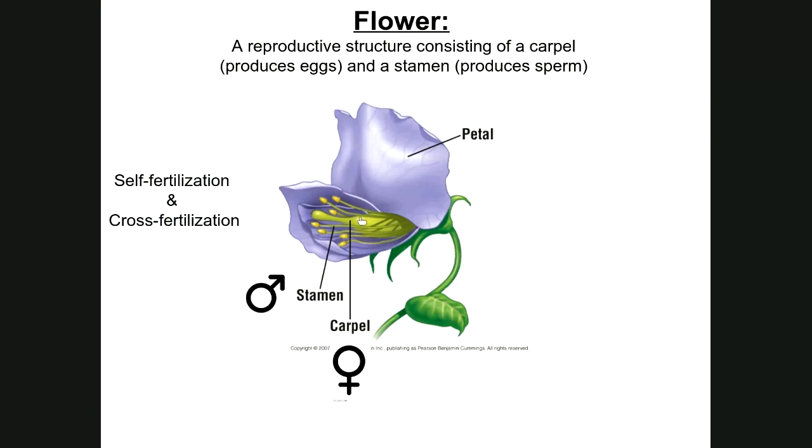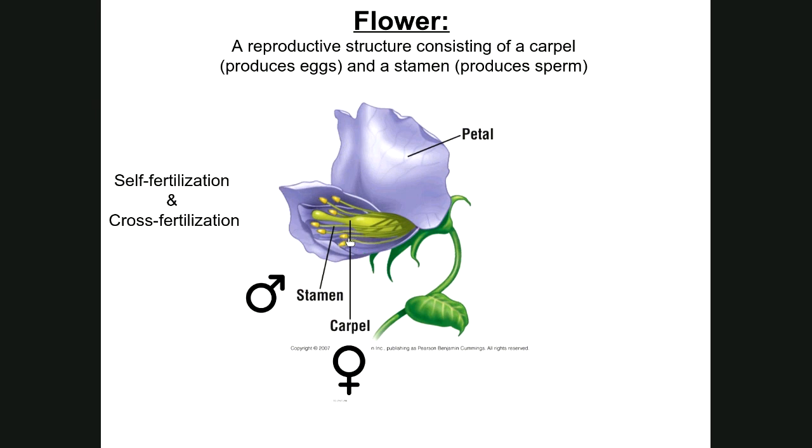That's shown down here. This little bowling pin looking thing, that is the carpel that functions as a female part. That's where eggs are produced. But a flower also consists of what we call a stamen, and this is where sperm are produced. You can see here they're showing you multiple stamen with these long thin filament looking things, which is actually called a filament, going to this expanded tip, which we call an anther.